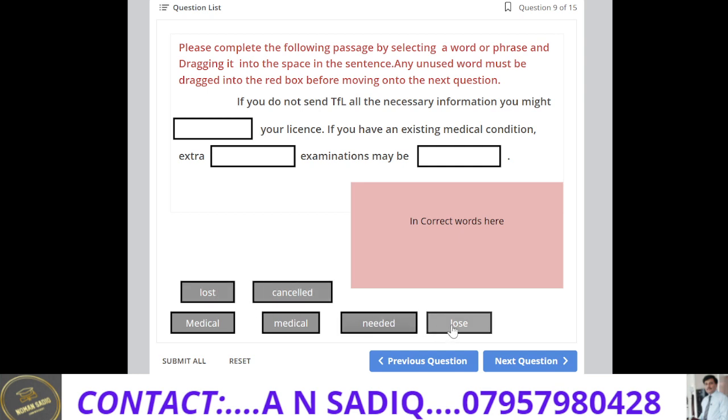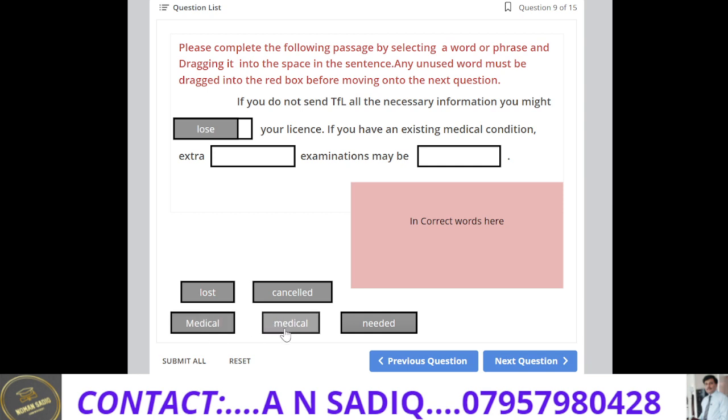Lose is the first form, it is present, and lost is the second form, it is past. Here there is no indication of past. So you will definitely use the word lose. So you might lose your license if you have an existing medical condition. Extra examination. Which examination? Medical examination. But there are two possibilities here.